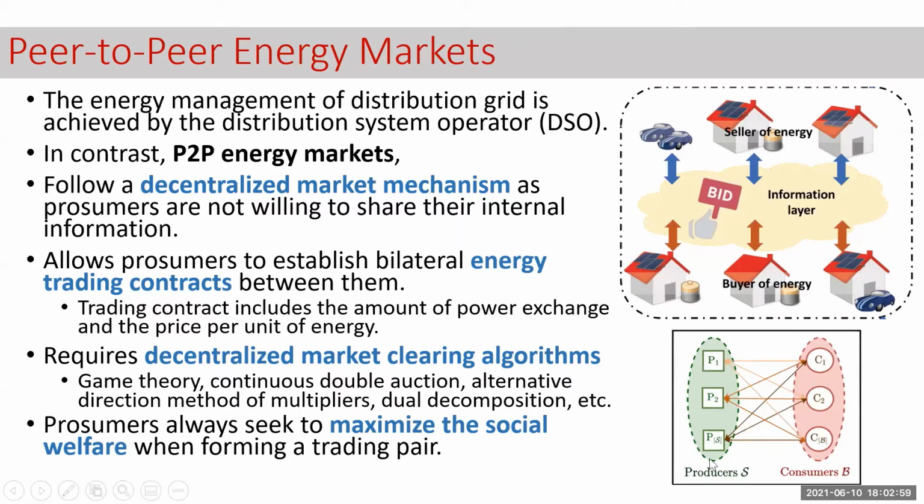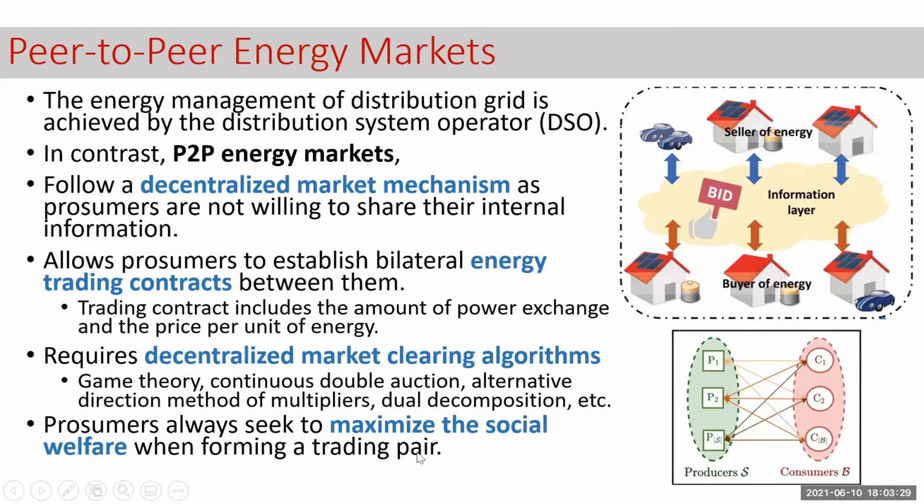There will be a set of producers and a set of consumers, and some prosumers can omit trading at a particular interval as well. Each prosumer will be seeking to which consumer it will sell power, because it will always seek to maximize its social welfare. Maximizing social welfare can also be interpreted as minimizing the generation cost.